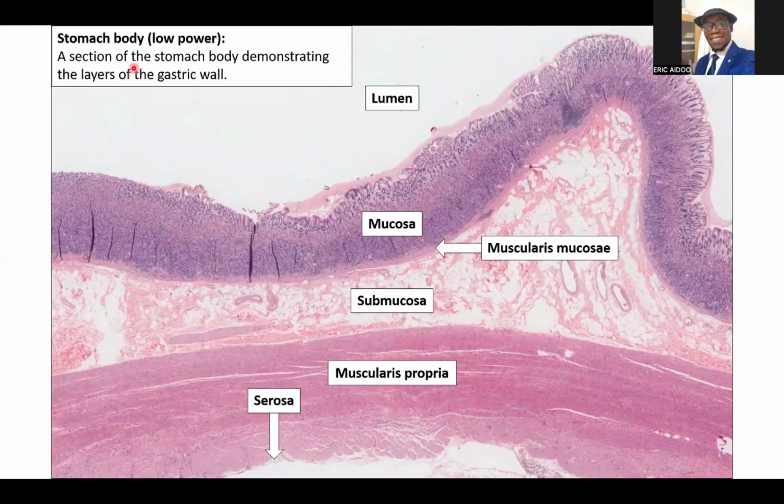So this is the stomach body, low power, a section of the stomach body demonstrating the layers of the gastric wall. So again, that is the mucosa. Now you can see the submucosa at this point pushing the mucosa upwards. So that is going to form the rugae.